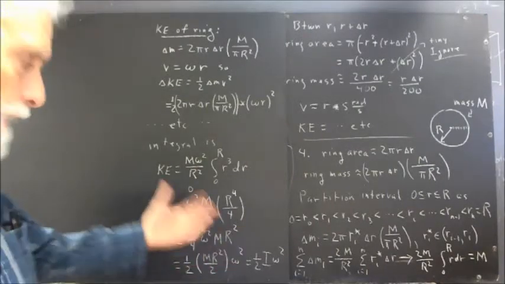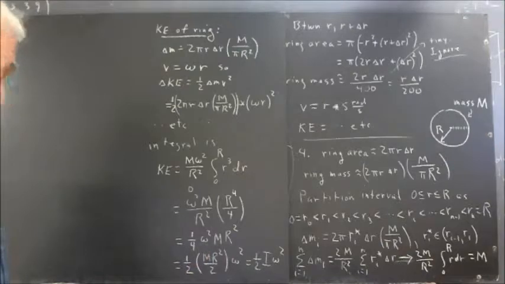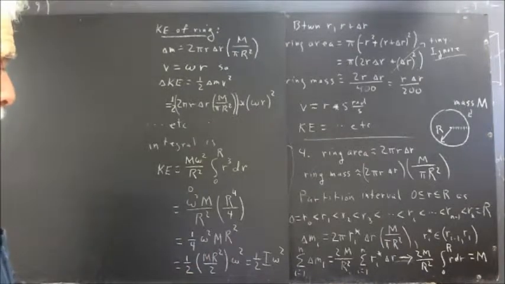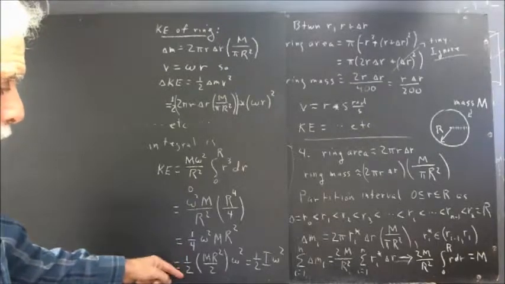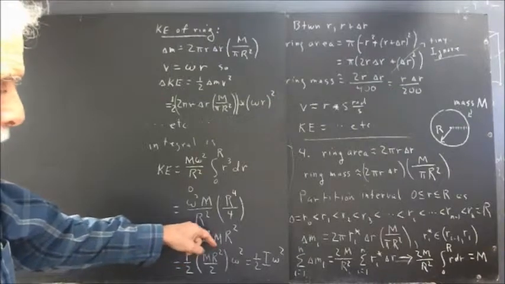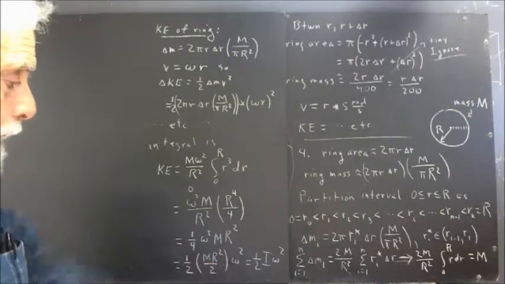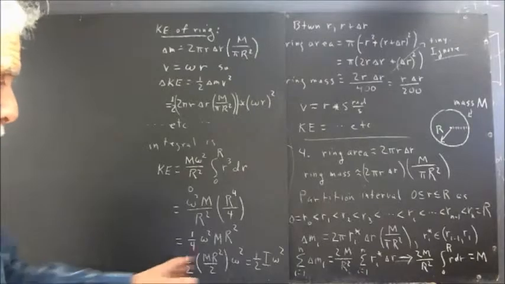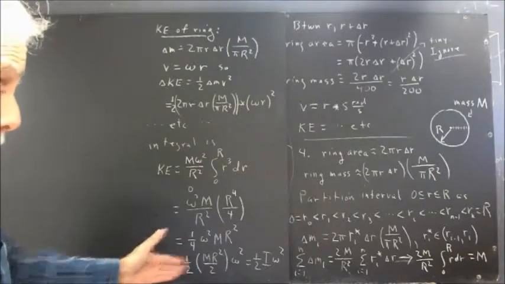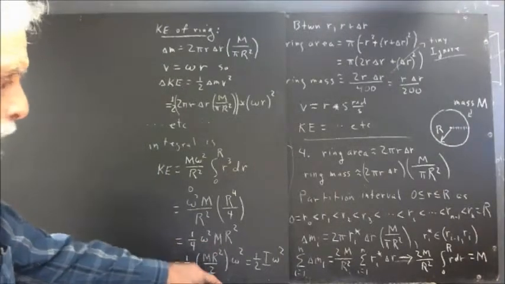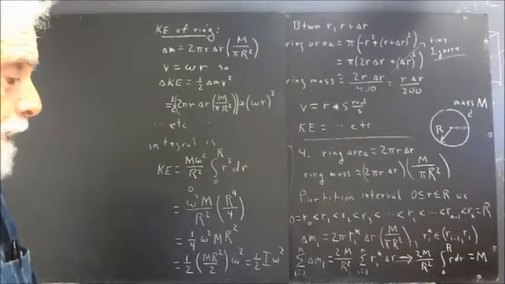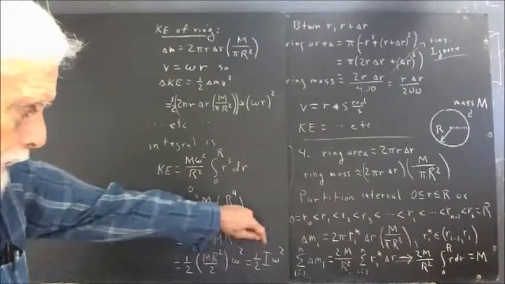That's a good expression for our kinetic energy. But to foreshadow where we're going with this, this is 1/2 of M capital R squared over 2 times omega squared. Why would I write it that way? Clearly, if I multiply this out, I get this, and that's fine. Well, this M R squared over 2 I'm going to call I. You don't know why I did that, but it'll become clear.